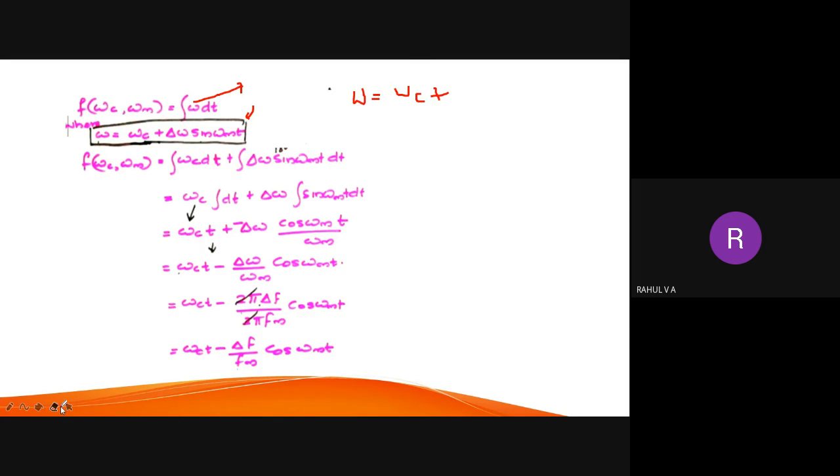Omega is equal to omega c plus delta omega sine omega mt.